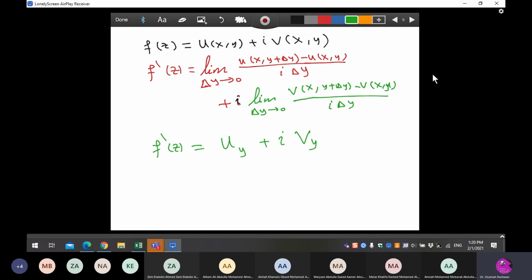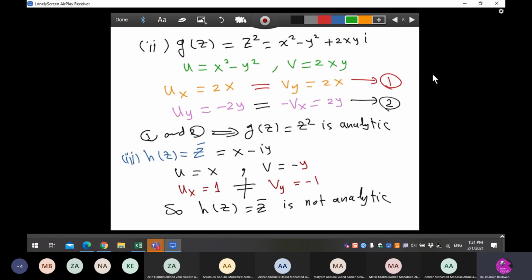You can do the same. So this one will be minus. Up to Cauchy-Riemann, I just remind you, what is uy?